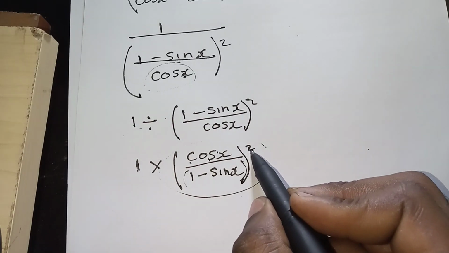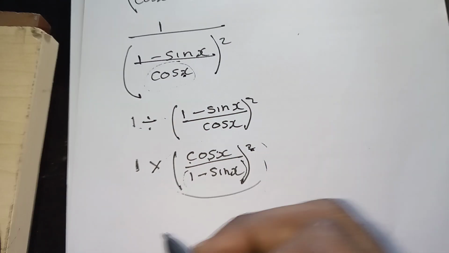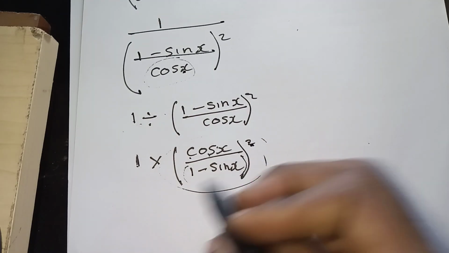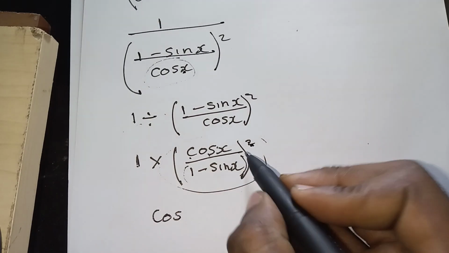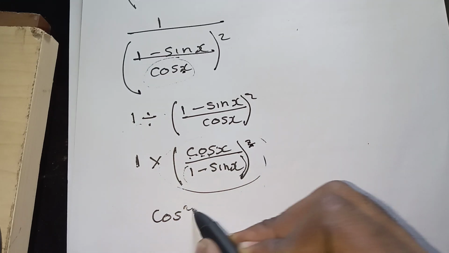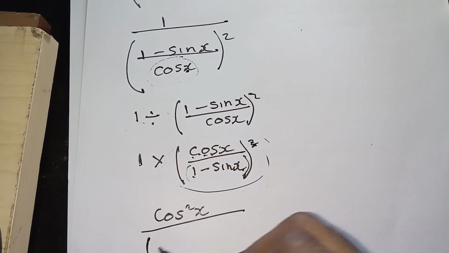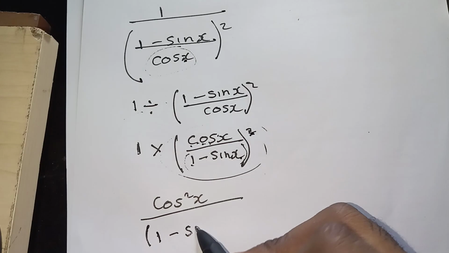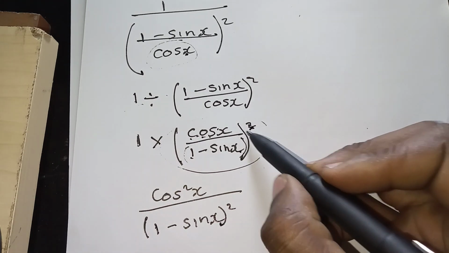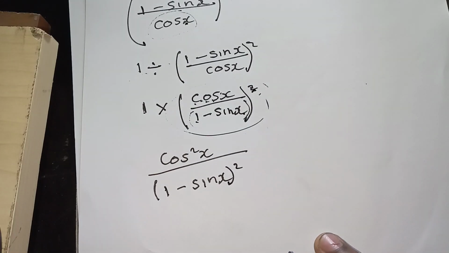So we can, I don't want to use the word expand, but let's just get rid of the brackets, and so this one means cos squared x, and then this one means 1 minus sine x squared. So I've just distributed the power 2 or the index 2.